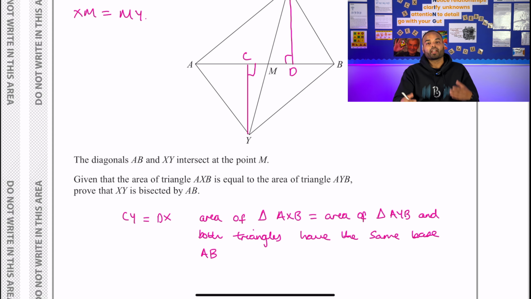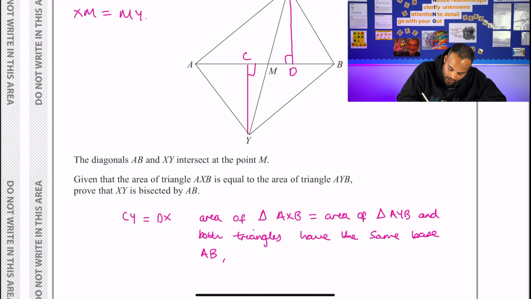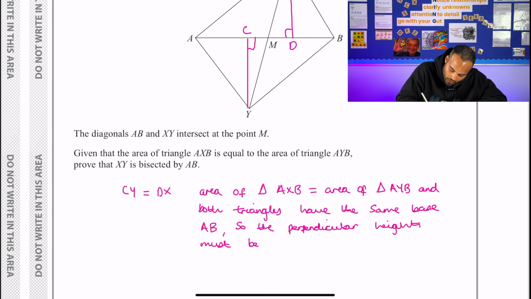If they have the same area and they have the same base, it means that their perpendicular heights must also be the same. So that's why I said CY must be the same as DX. So the perpendicular heights must be the same.